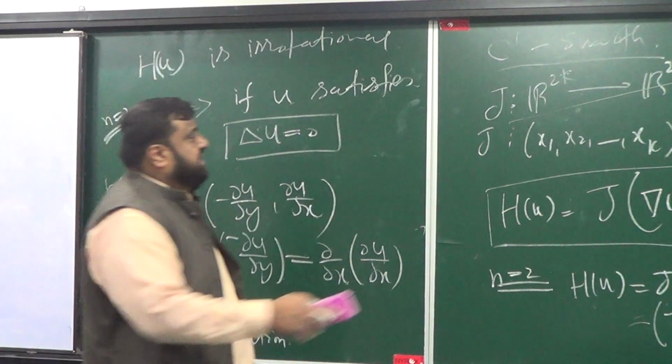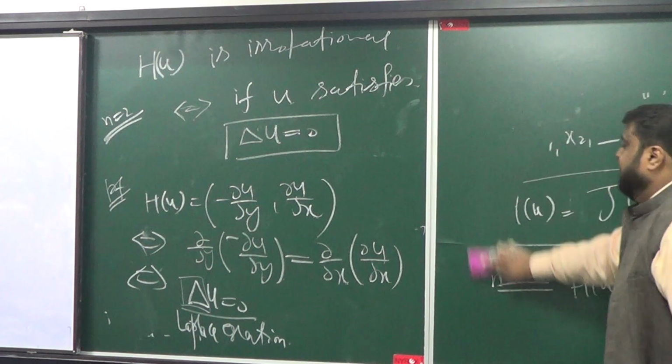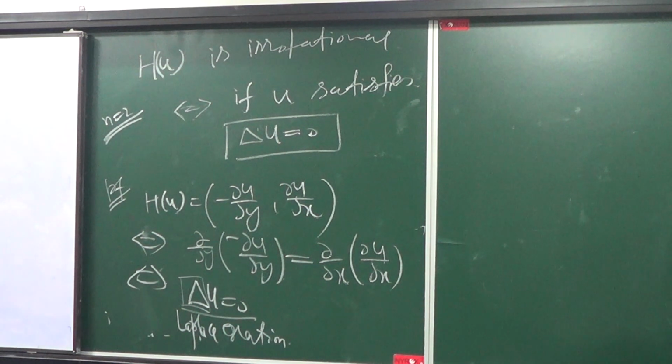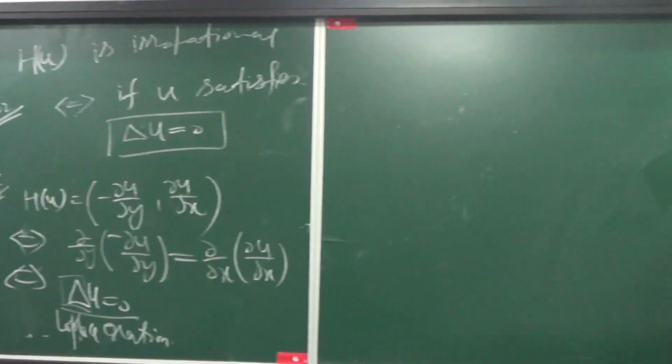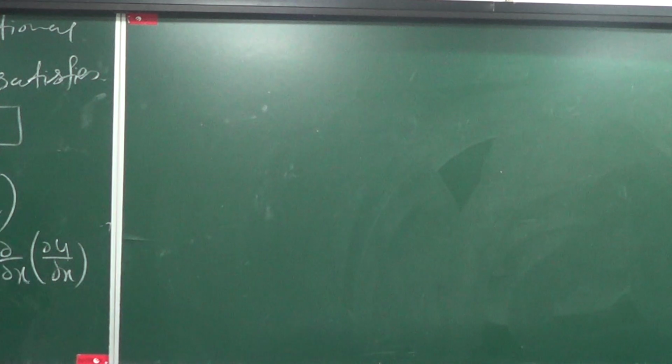Okay. Now, if H is irrotational, what does this mean actually? If H is irrotational, what conclusion can you get from the Poincare lemma? So what does the Poincare lemma tell you? If you have an irrotational vector field, then something interesting happens.